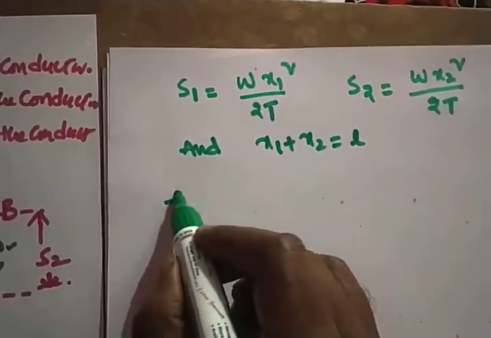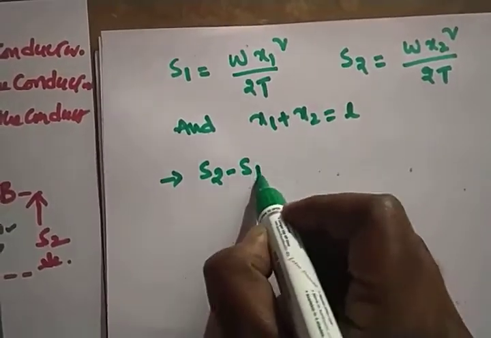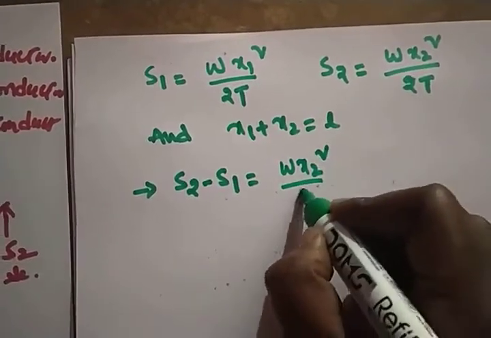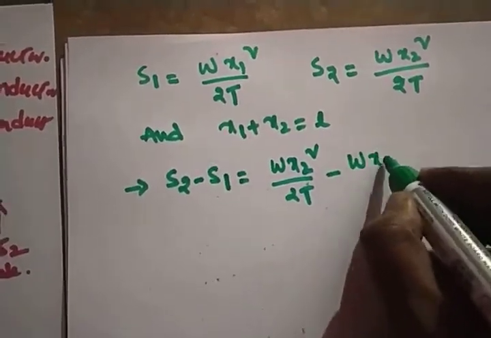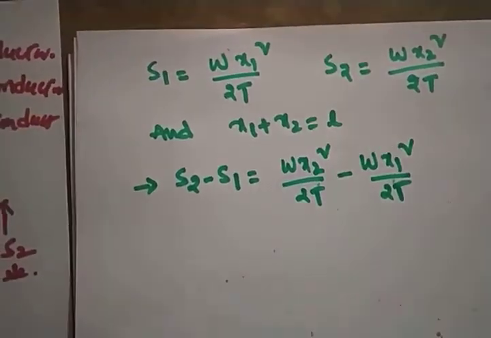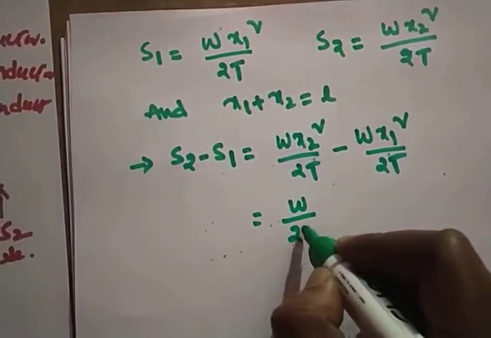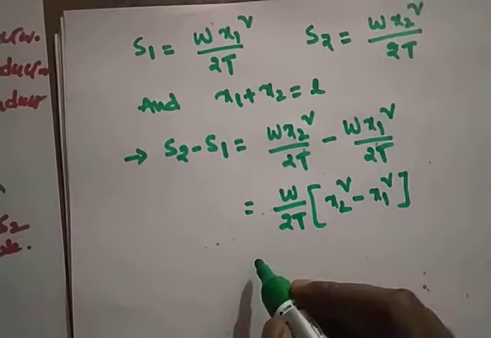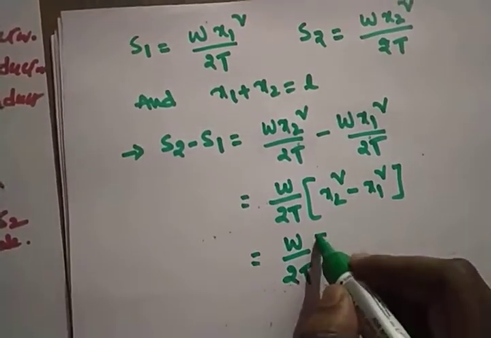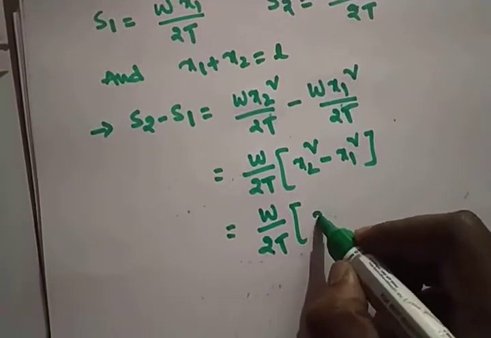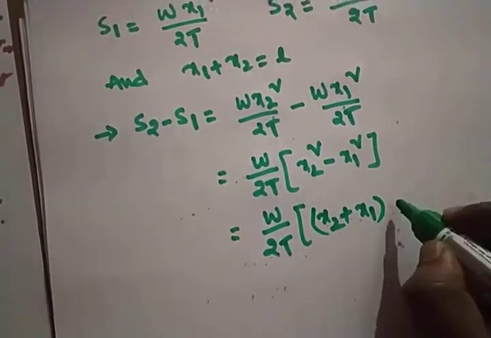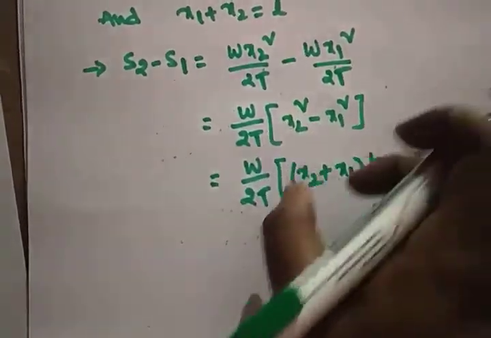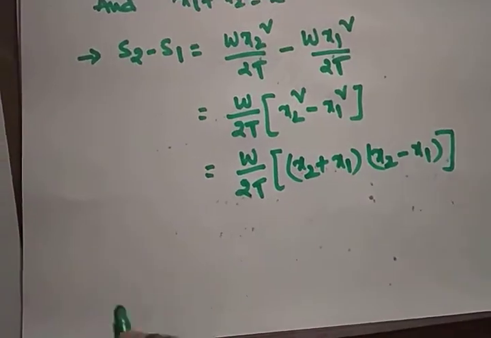First do S2 minus S1. So W x2 square by 2T minus W x1 square by 2T. From this, W by 2T common, you will get x2 square minus x1 square. A square minus b square is a plus b into a minus b, so x2 plus x1 into x2 minus x1. Any doubts? It's simple.